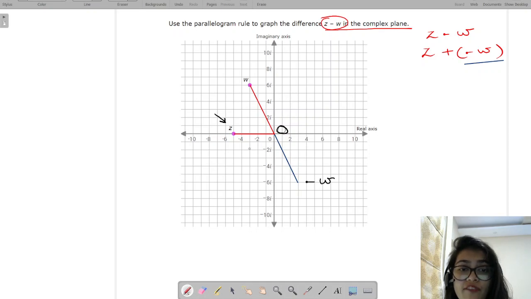And now if I complete the parallelogram over here, then I'll get the fourth vertex, and that vertex is going to represent Z plus negative of W. So let's do that. I'm going to change the color to red.